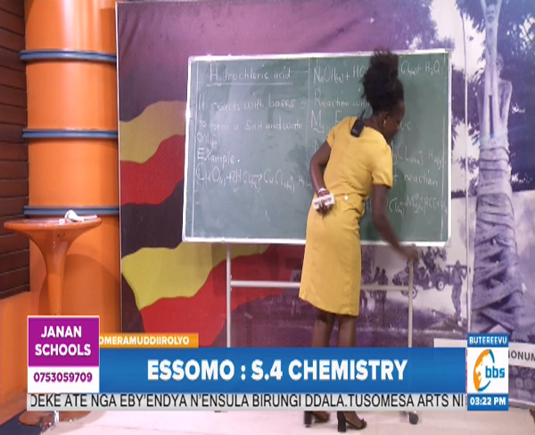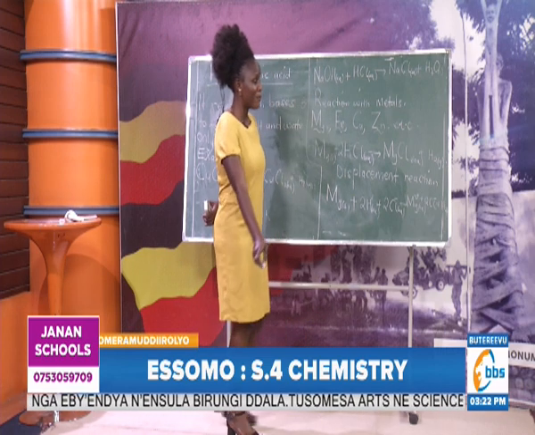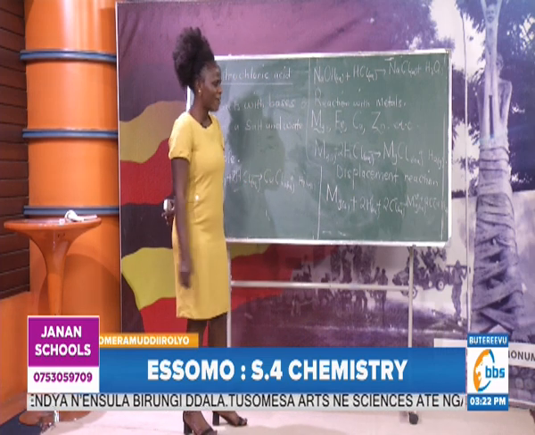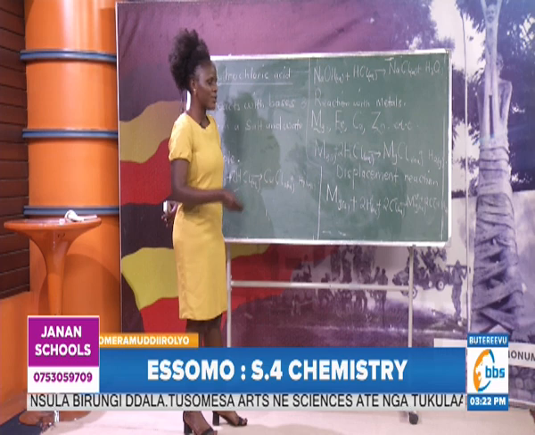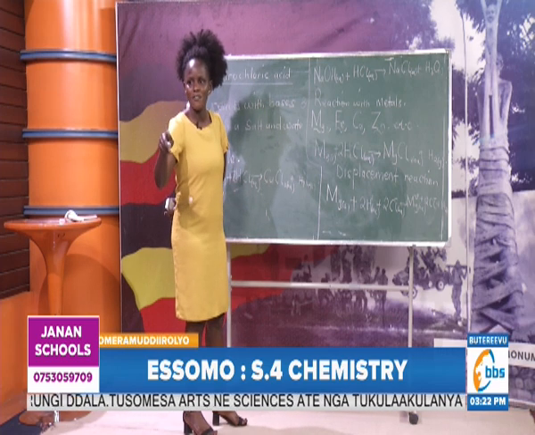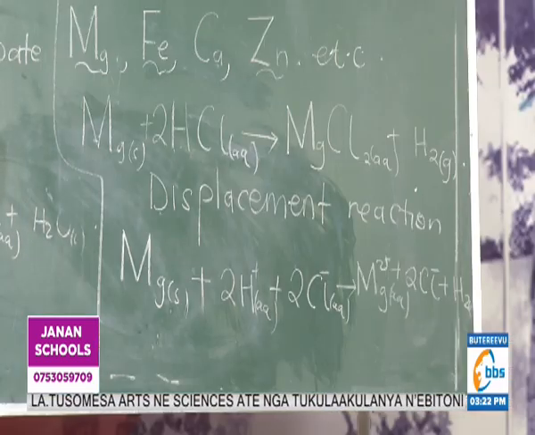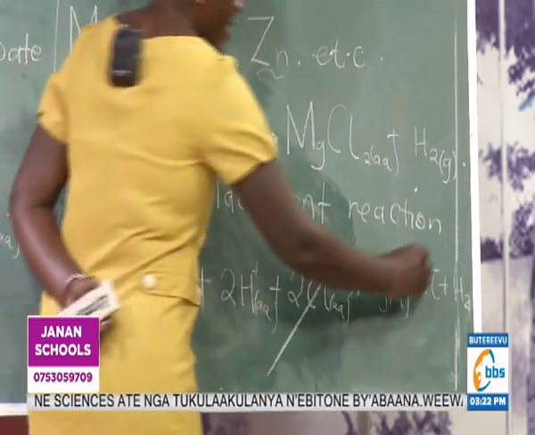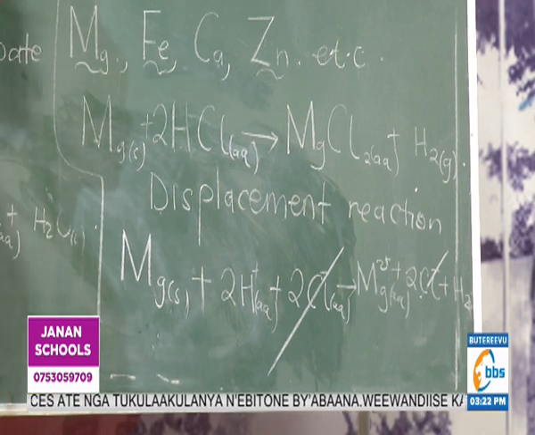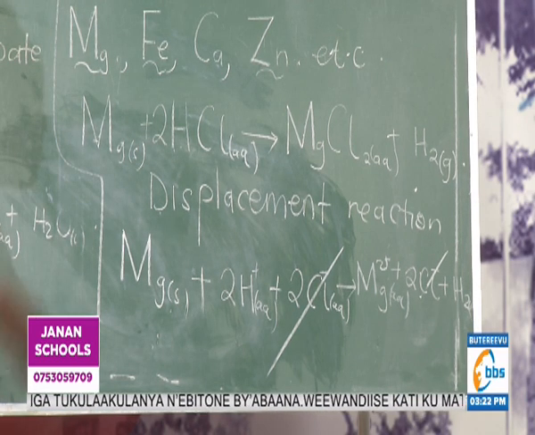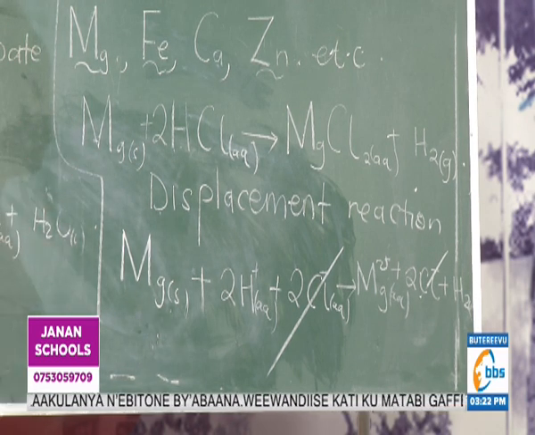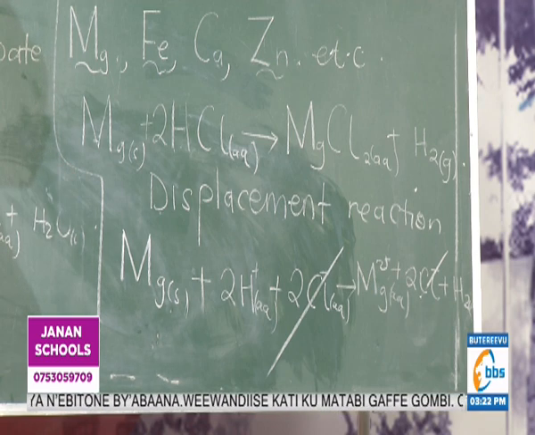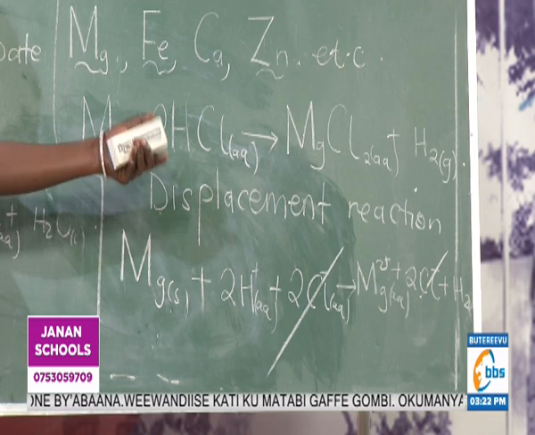It will not form any ion because remember we are not forming ions in gas state. Therefore, when you look at that equation, we try to cancel whatever looks the same. What looks the same? We have the chloride ions and then our chloride ions this side. But that is your side work. Please don't show us this, because by the time we are marking, we know what we are talking about.